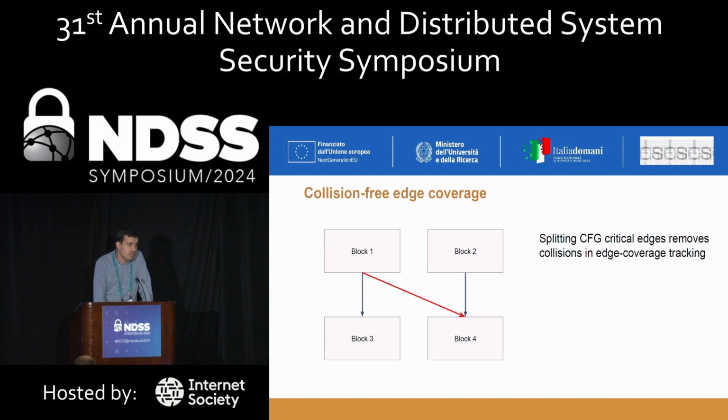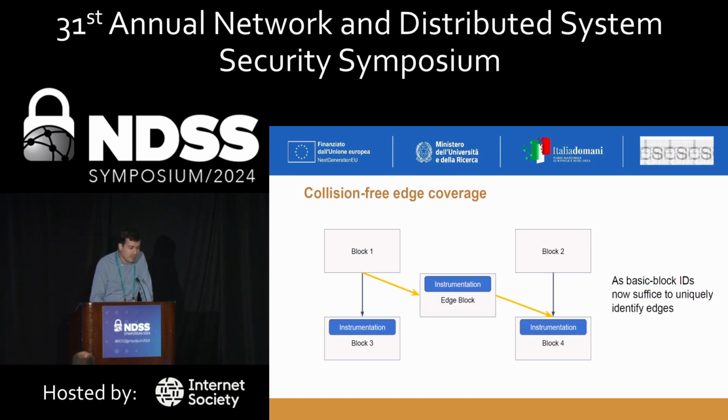So if you're doing normal edge coverage, traditional, instead of building hashes, which is the classic AFL way to track edges, what you can do is transform the control flow graph to obtain edge coverage from block coverage. How? In graphs, you have something called critical edges, which are edges that are not the only edge leaving their source, and they're not the only edge reaching their destination, like the one in red here.